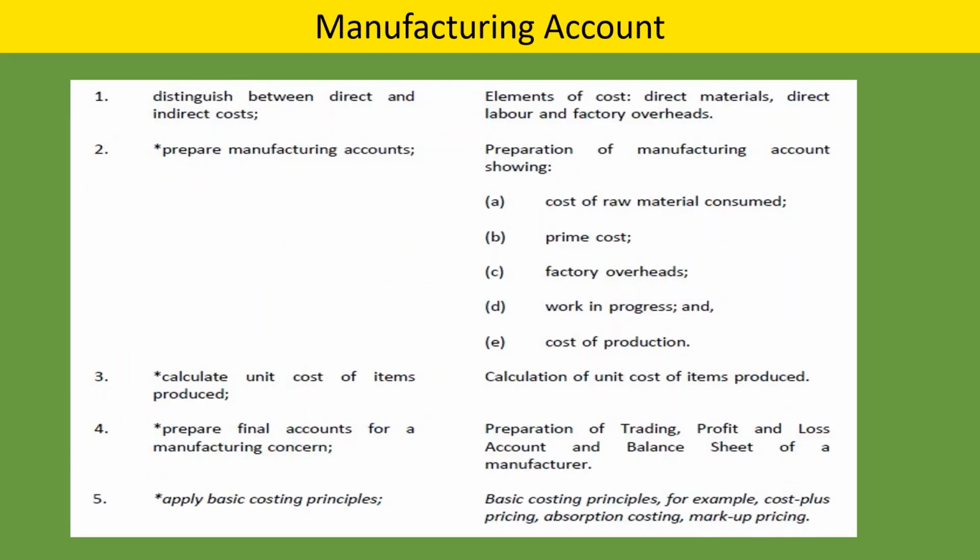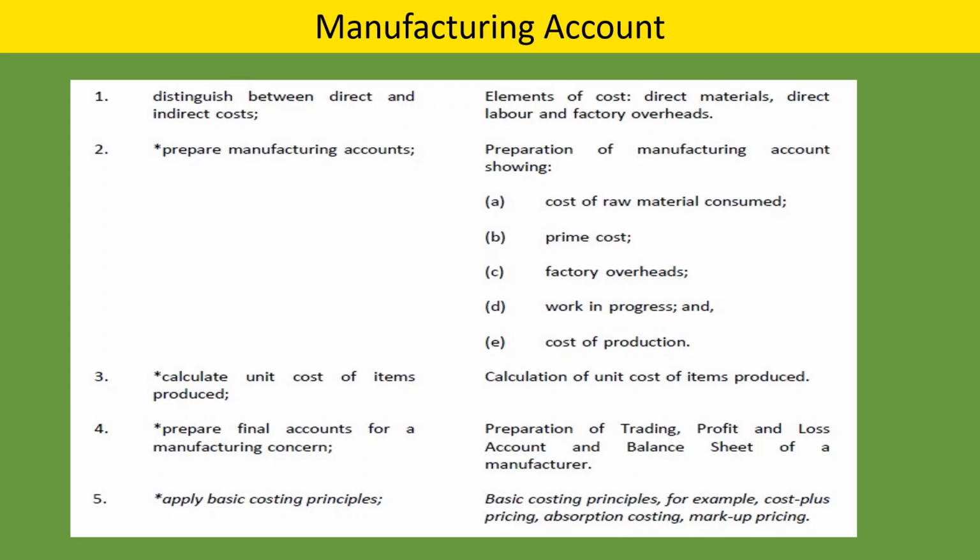Okay, so the manufacturing account. First, you must be able to distinguish between direct and indirect costs. Direct costs are traceable costs. They are also called prime costs. They can be traced directly to a unit of the product, whereas the indirect costs cannot be traced.